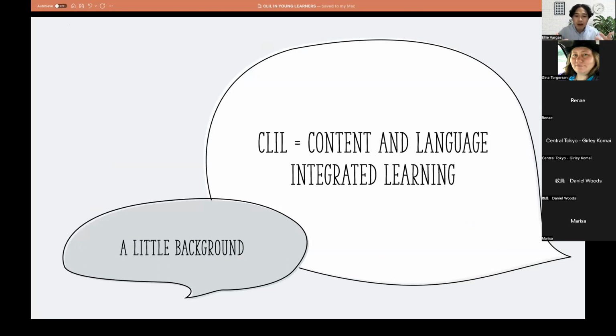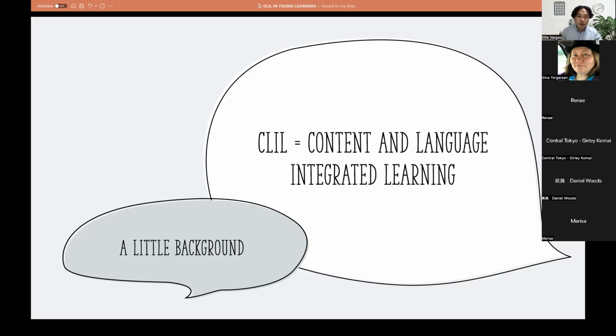The title is about teaching content in the young learners classroom, but really this is about CLIL, or content and language integrated learning. So just to give you a little background about CLIL, it's an approach in teaching English that is very popular in Europe since the 90s. Now it's being applied in Japan in elementary school, junior high school, especially in the university.